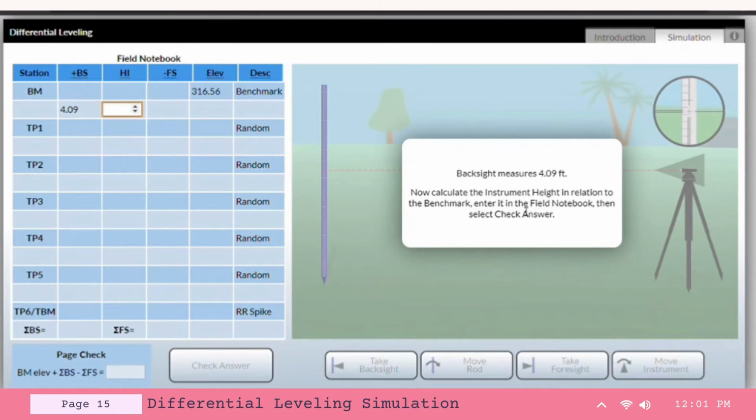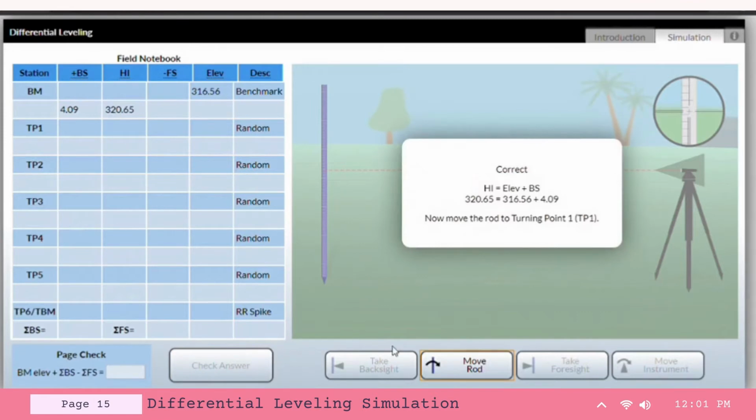We just add the elevation, 316.56, plus the backsight reading, 4.09. So we have 320.65. We type that here. Let's check if our answer is right. Correct. Now we can move to turning point 1.